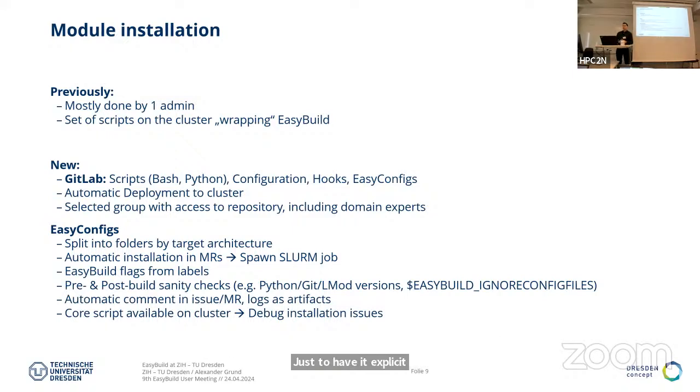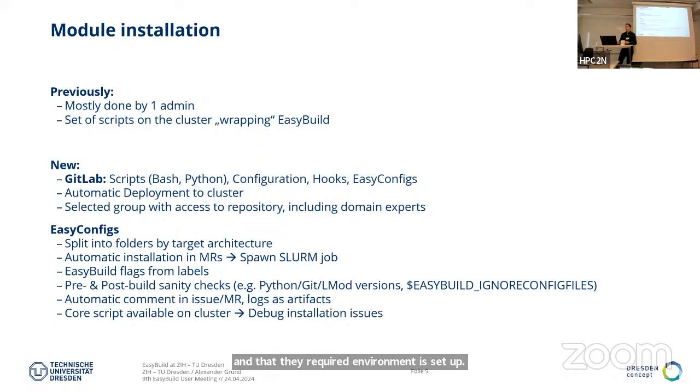And we also set up some sanity checks before and after running this build to shake out some issues before we actually start a long EasyBuild run. For example, that the required versions are available and that the required environment is set up.